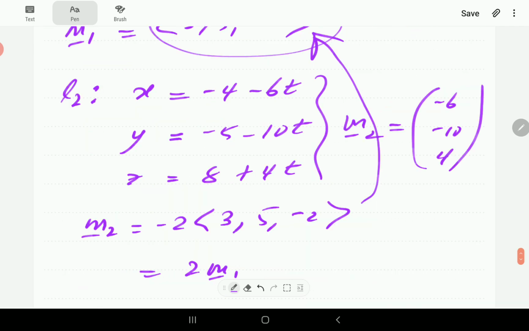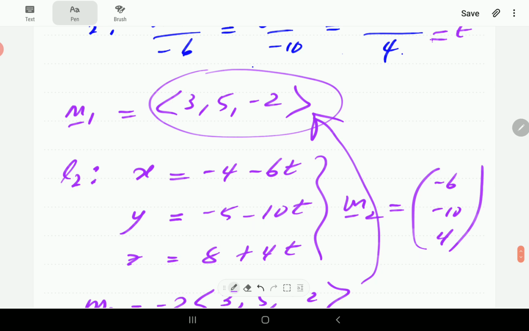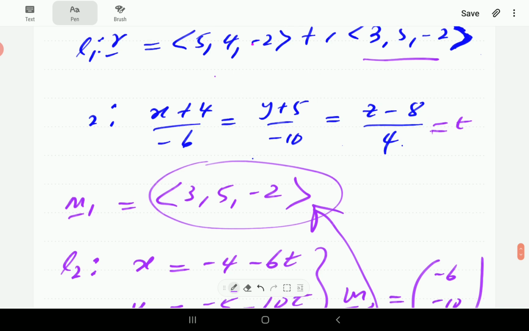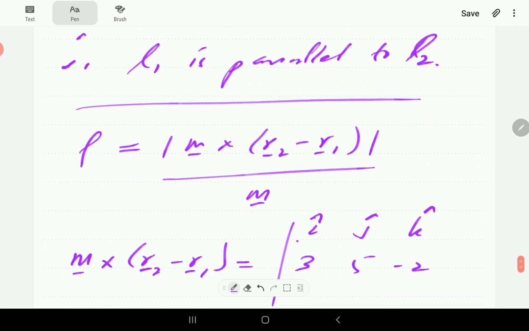Then R2 minus R1: if we do minus 4 minus 5, that gives us minus 9.